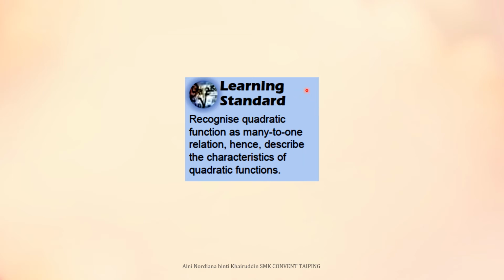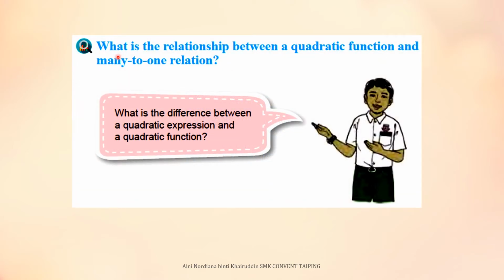Our second learning standard for this video: recognize quadratic function as many to one relation, hence describe the characteristics of quadratic function. What is the relationship between a quadratic function and many to one relation?